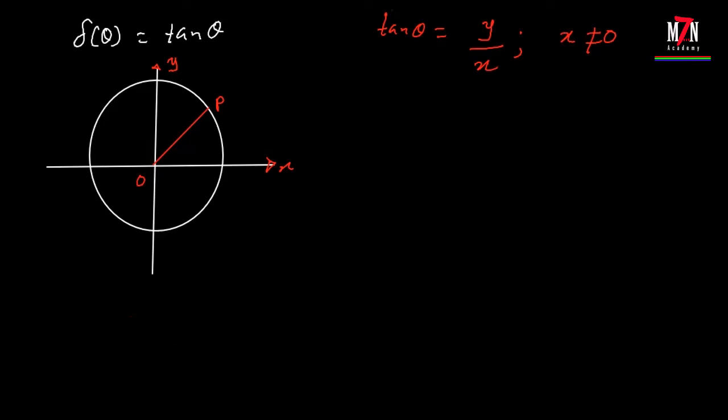But when it comes to the x and y coordinates, there are some points where the x coordinate can be 0, and some points where the y coordinate can be 0, because throughout this circle the x and y coordinates change. That's why, when defining tan theta, the denominator should not equal 0. But now you should think about this theta value.